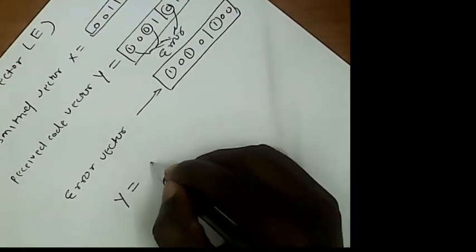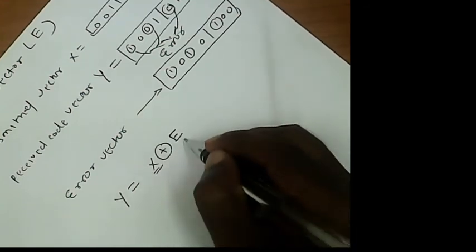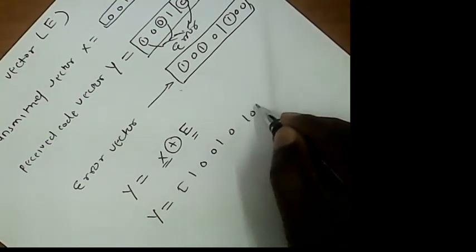So y is equal to x + e, where x is the transmitted code word and e is the error vector. By solving these equations, we can write the received code word as 1 0 0 1 0 1 0.